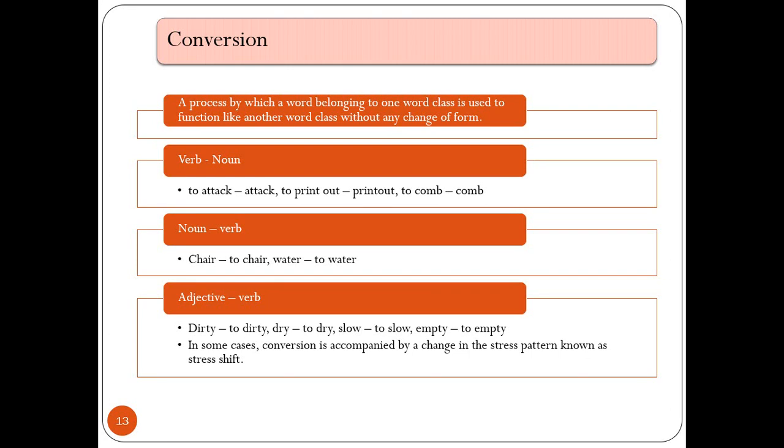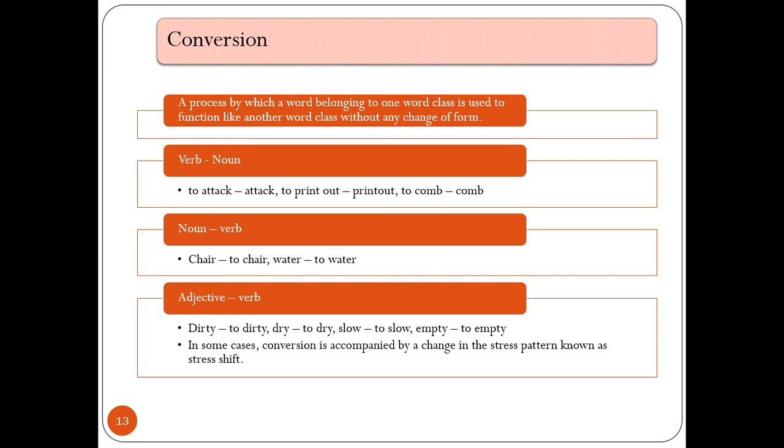For example, to take is a verb and take is a noun. To print out is a verb, and print out is a noun. To comb is a verb and comb is a noun. So you see here that the forms remain the same. There is nothing different, it's just the shift.